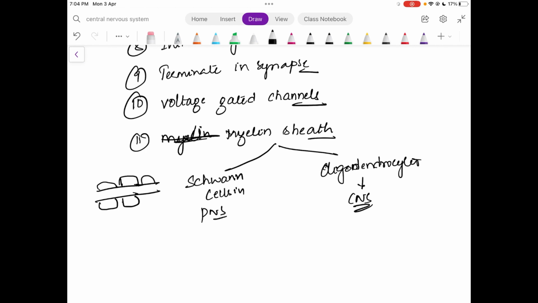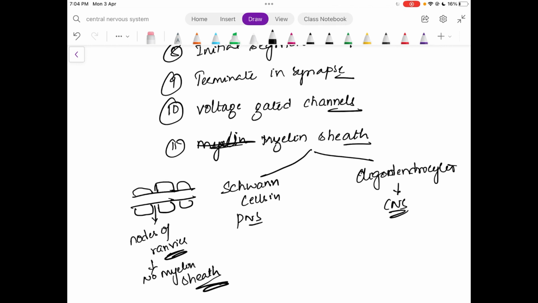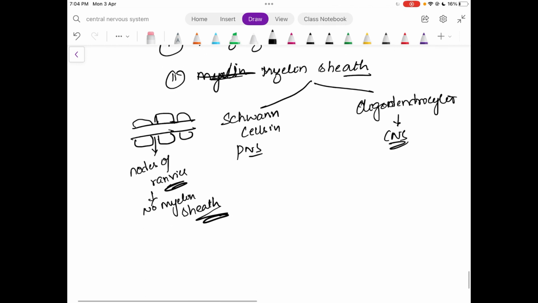And this myelin sheath is absent around the nodes of Ranvier. Along the nodes of Ranvier, there is no myelin sheath.